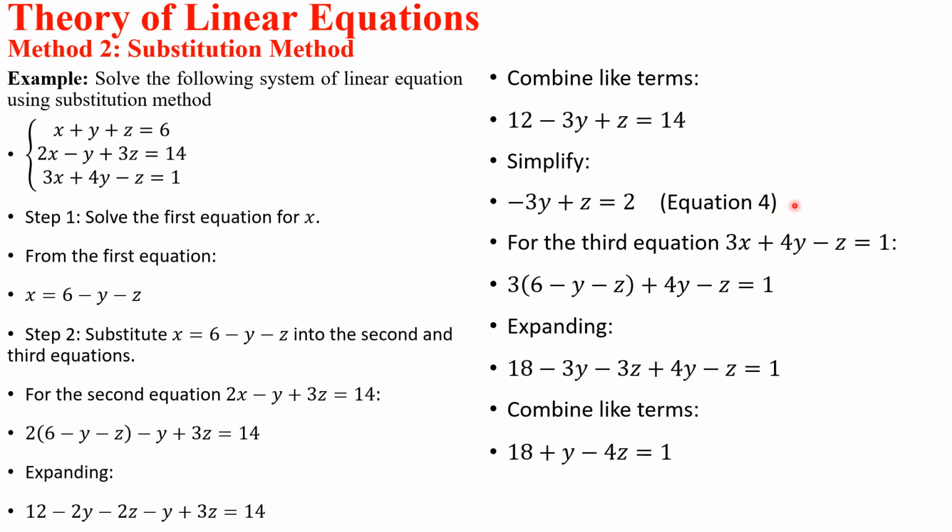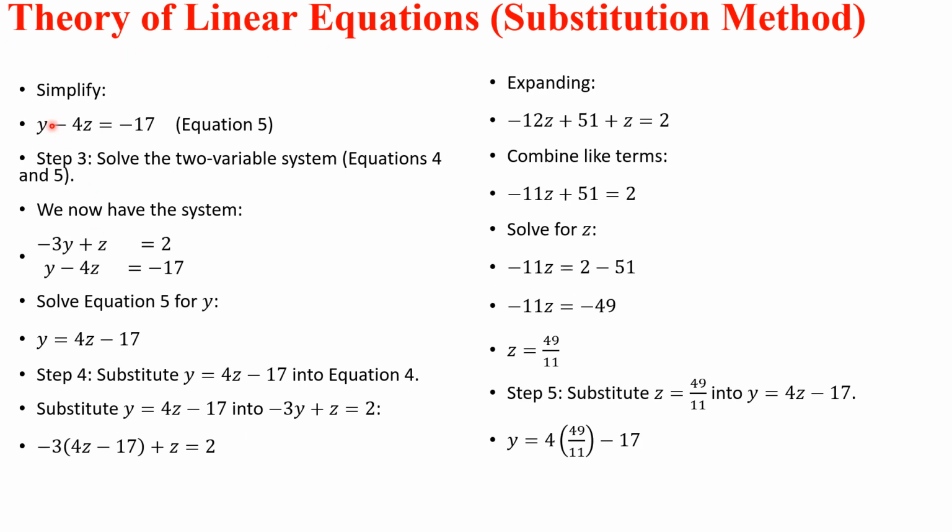So then, for the next one, we also substitute this value for x in this equation. So that will be 3 into brackets 6 minus y minus z. We also expand, combine like terms, and move on. We simplify what we've got, and that will give us y minus 4z equals minus 17.